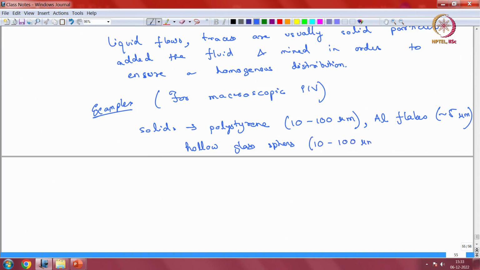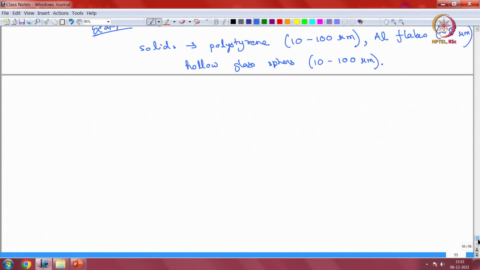Every case has to be understood and evaluated on its own merit. So I'm going to say that these are just suggestive numbers. Hollow glass spheres of the order of 10 to 100 microns are often used in different experiments.